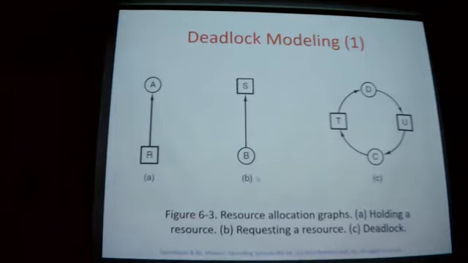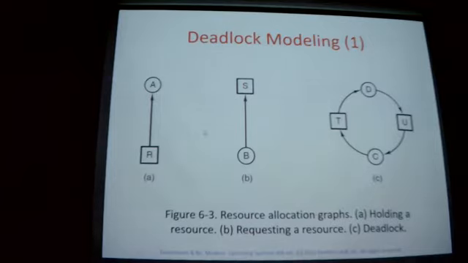In figure B, this is process B and the resource S. We can see that the arrow is from process B to resource S. It means process B requires or requests resource S. So the difference between figure A and figure B is just the direction of the line.